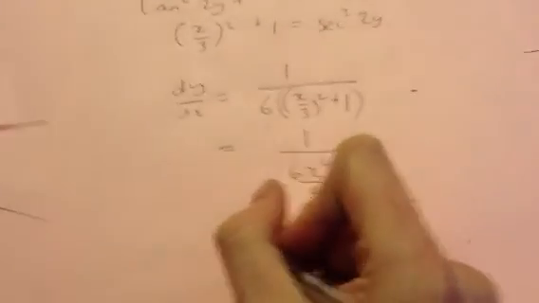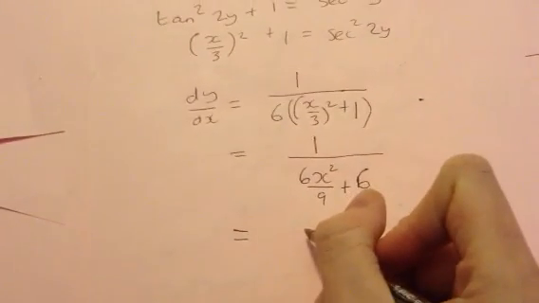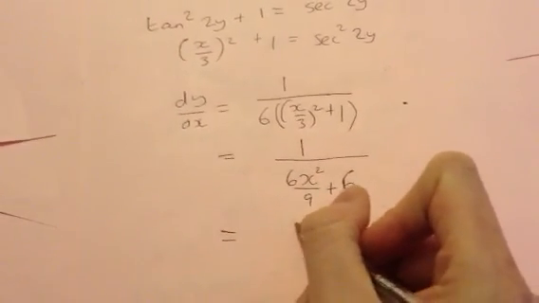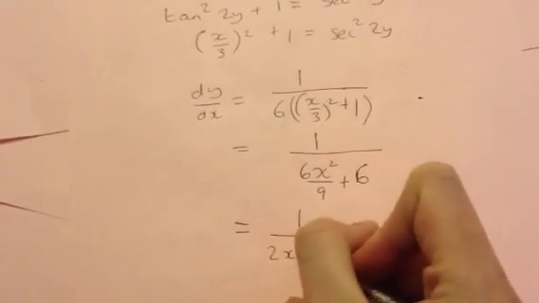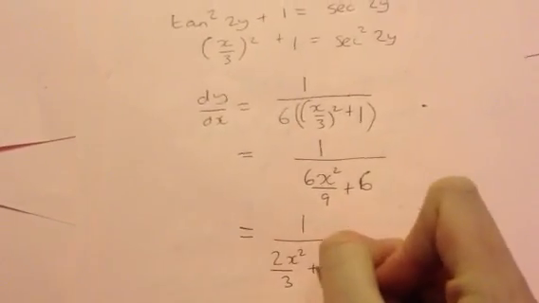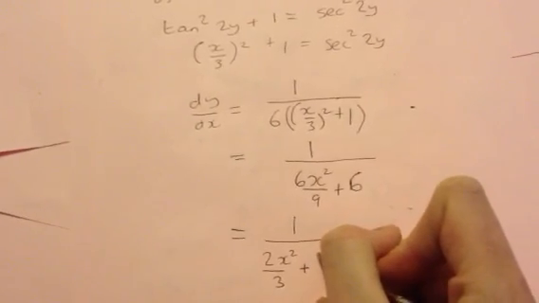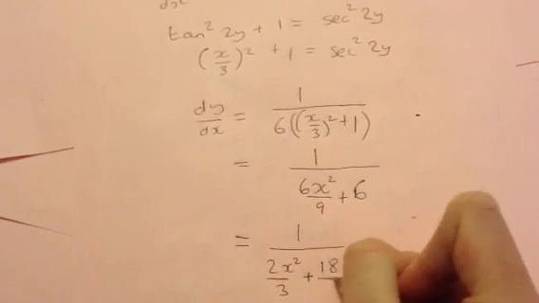Now that means that on the bottom you can simplify it to be 1 over 2x squared over 3 plus 6, but the 6 goes to 18 thirds.